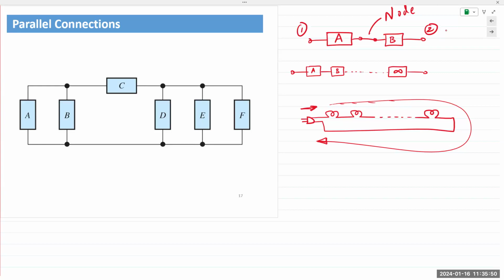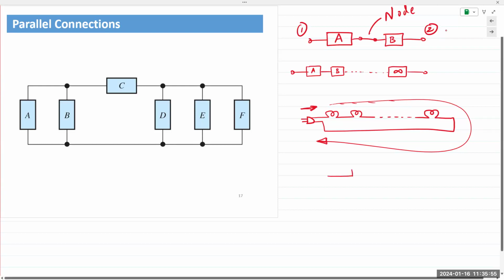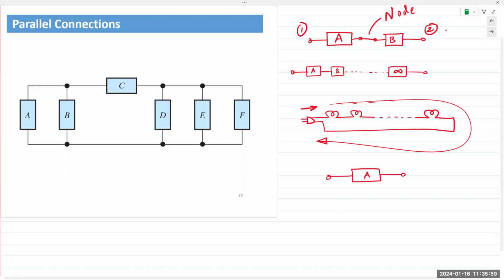Easy enough, right? A parallel connection works the same way, except the requirement is that they're holding hands. That's what I like to call it, holding hands.